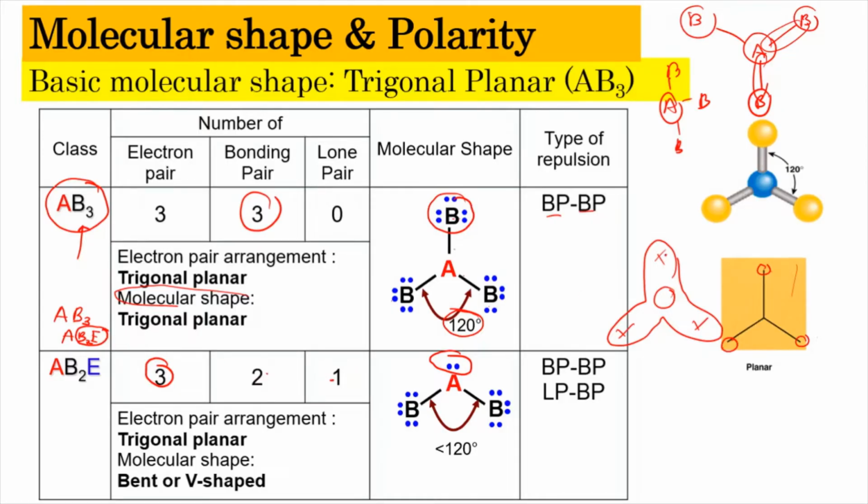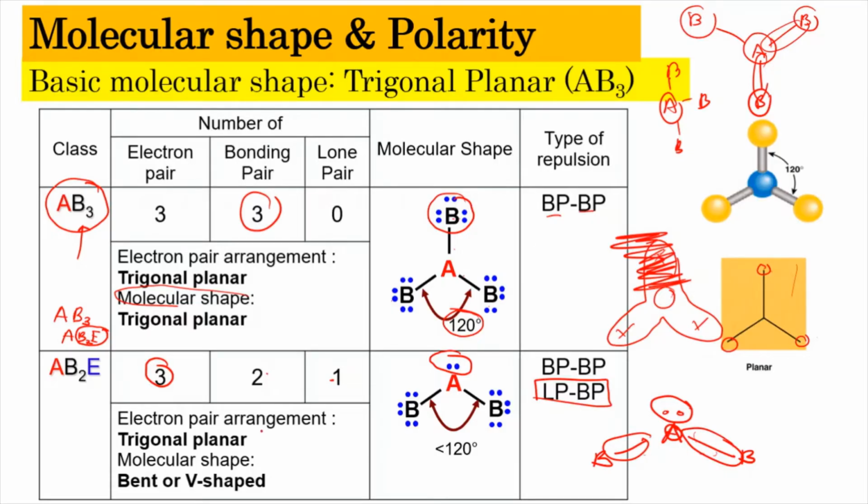So now when you change one of these to be a lone pair, you're going to get the shape to be something like this. For example, A here, and then B here, and B here. So the types of repulsion that are going to exist are lone pair-bonding pair repulsion, as well as bonding pair-bonding pair repulsion.